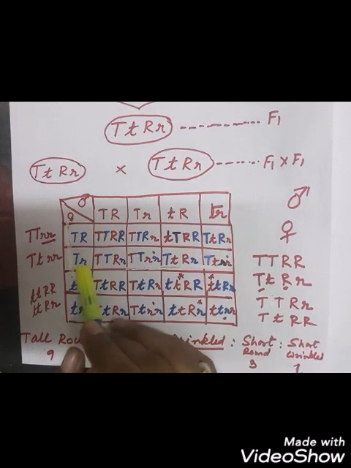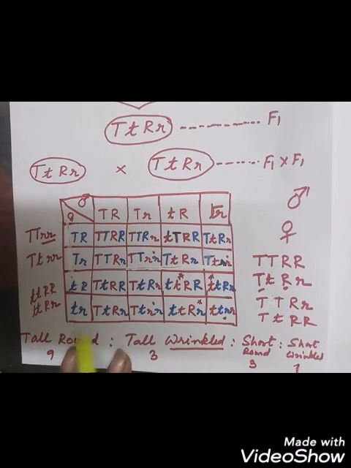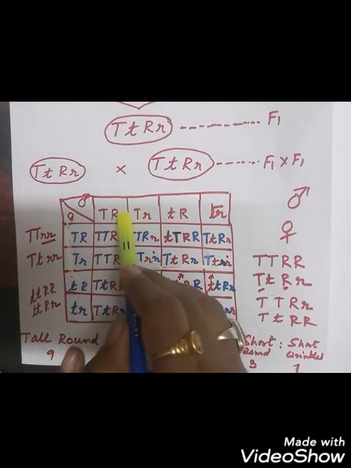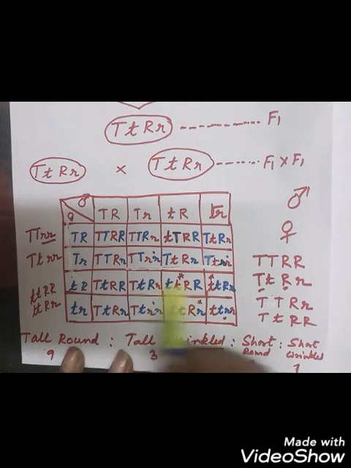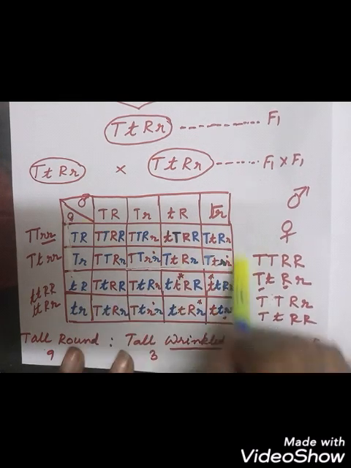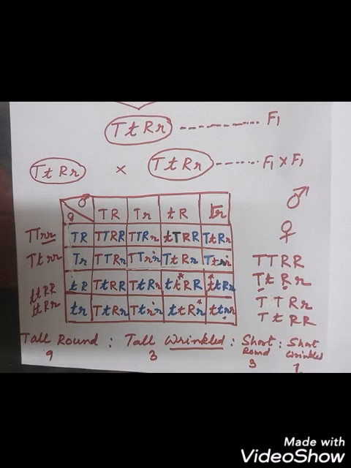Then you take this one and cross it with the gametes of the male. You take small t capital R and cross it with capital T small t, capital R capital R. This way you fill it and you get 16. Now you have to find out the genotype.